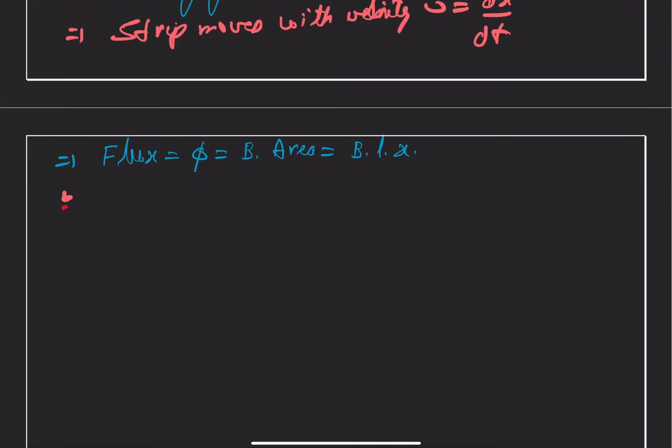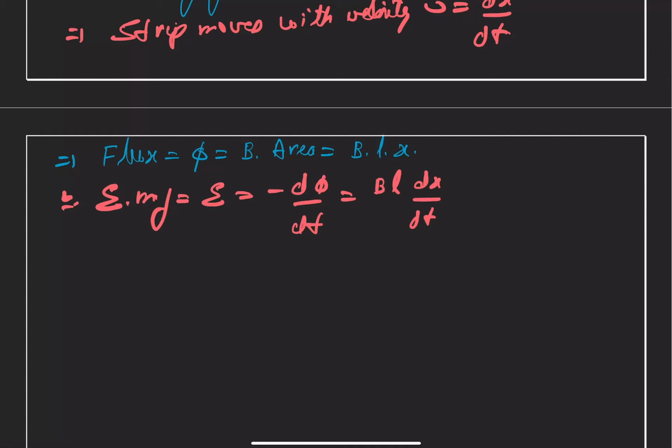And next we can write our EMF, which will be minus d phi by dt. If you substitute the value of phi, it can be written as BL multiplied by dx by dt. dx by dt is our v, so we can write this as minus BLv.